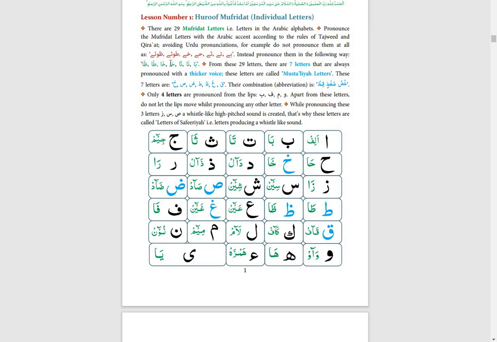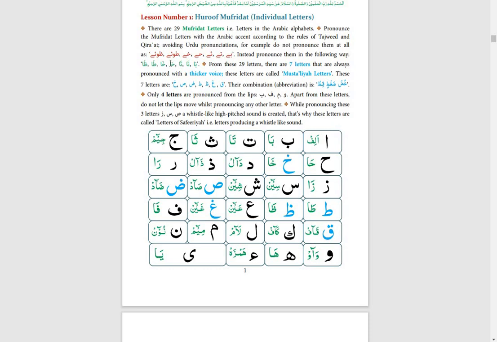Number 4 point. Only 4 letters are pronounced from the lips. Out of 29 letters, only 4 letters are pronounced from the lips. These are Waw, Mim, Fa, and Ba. Apart from these letters, do not let the lips move while pronouncing any other letter.